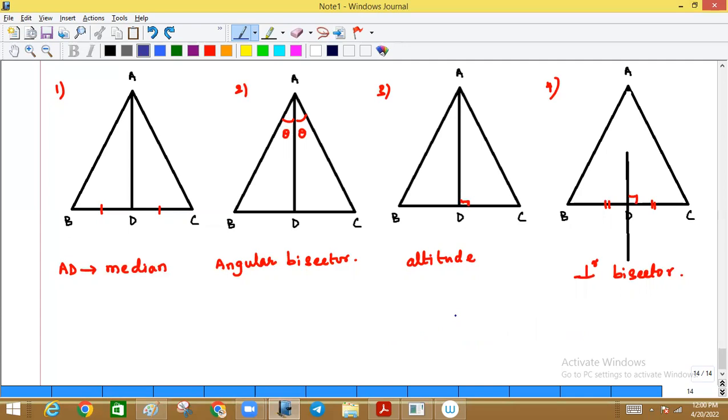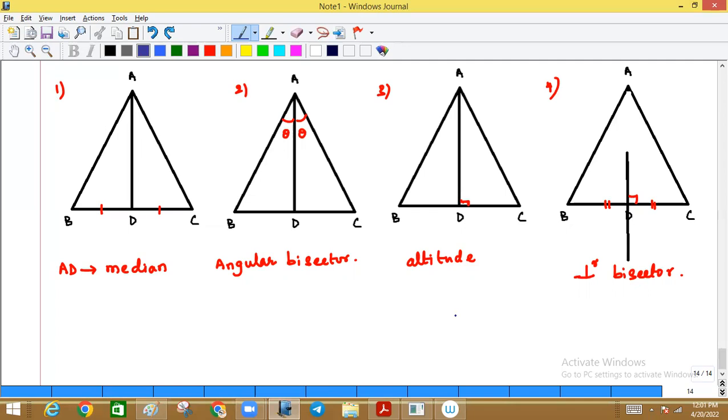If a median is an angular bisector, it is also an altitude and perpendicular bisector. If it satisfies any two of them, it satisfies all four. A median that is perpendicular to the base is enough to say it is all four. But usually it will not.